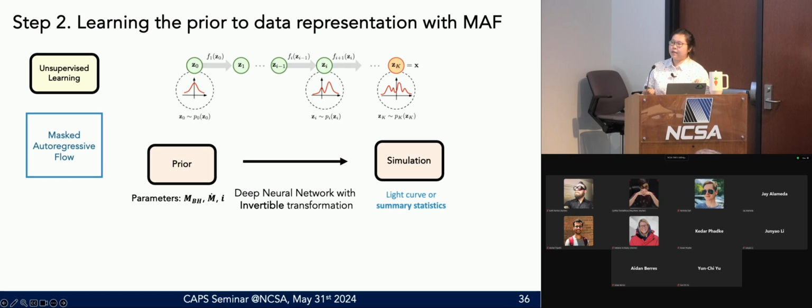Yeah. And the second step of the neural network is we feed the prior and then the simulation into a deep neural net that is by design invertible. And we do this by using a method called the masked autoregressive flow. So the idea is to use different equations to learn from a simple distribution to a high dimensional distribution.